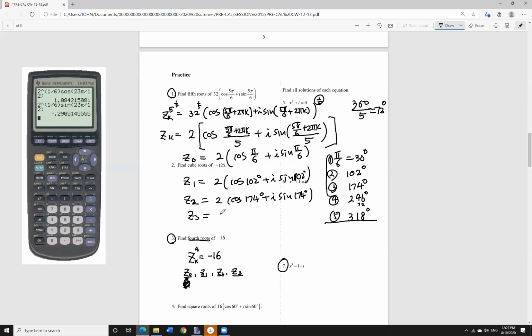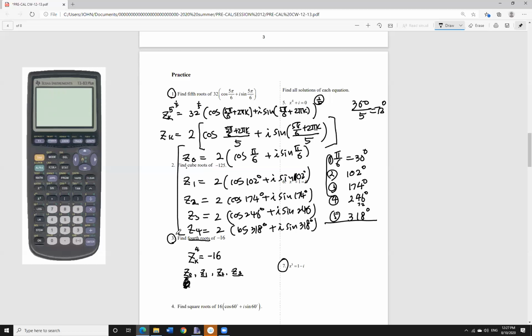Last fourth one is what? 2 cosine 246 plus i sine 246. And the last one is how much? 2 cosine 318 plus i sine 318 degrees. You have to use a calculator to find all these. That's all, okay?